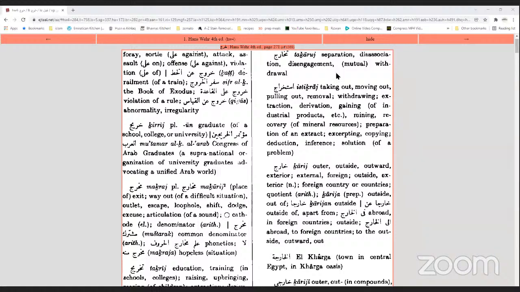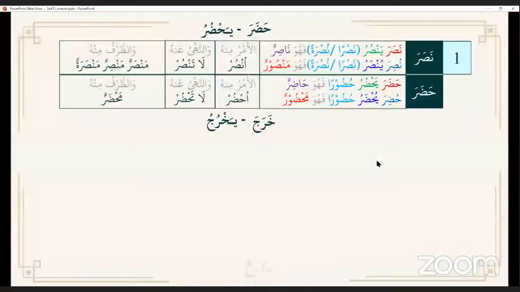Now you do the conjugation. I'll go back to this slide. Okay. Kharaja yakhruju. It belongs to the same bab nasara. Now you tell me, kharaja. You should be able to tell now.